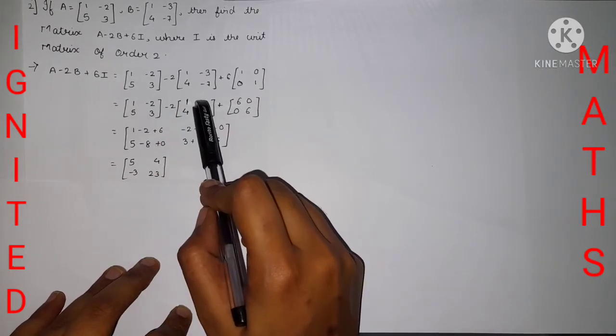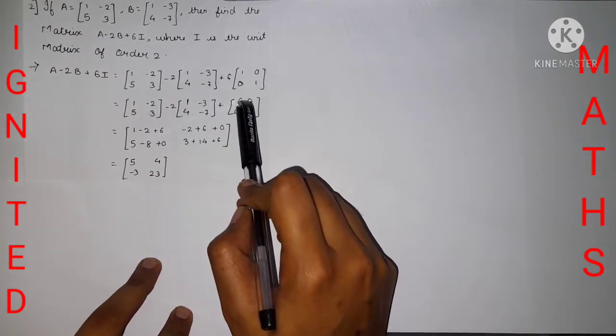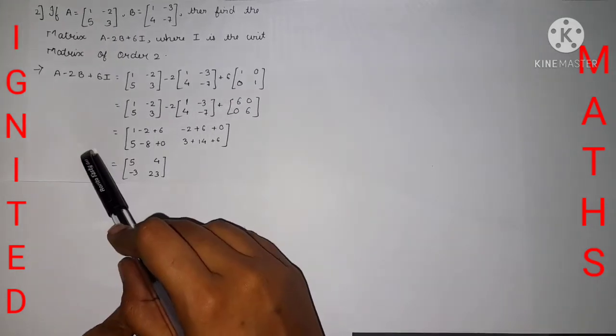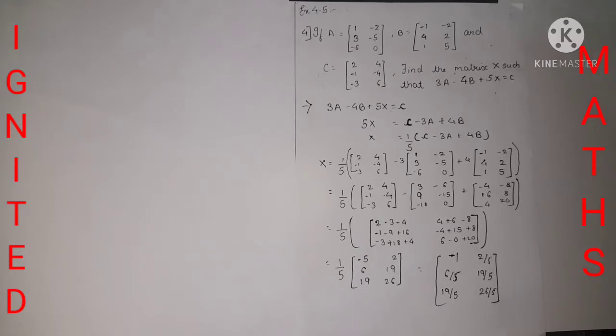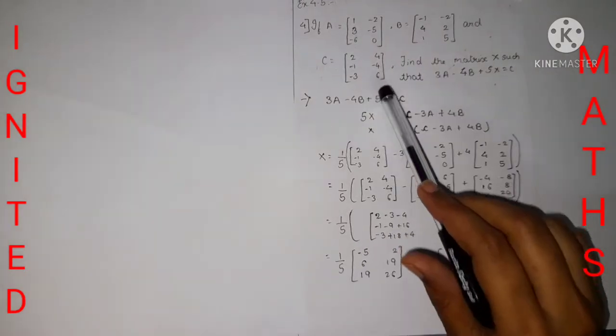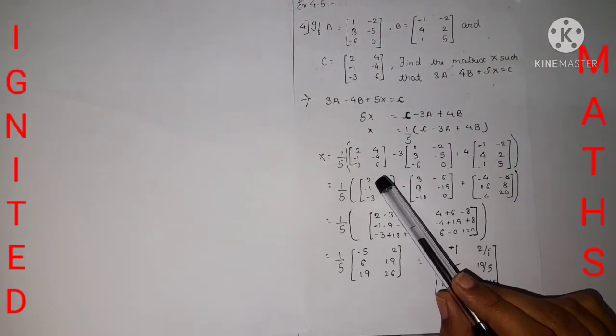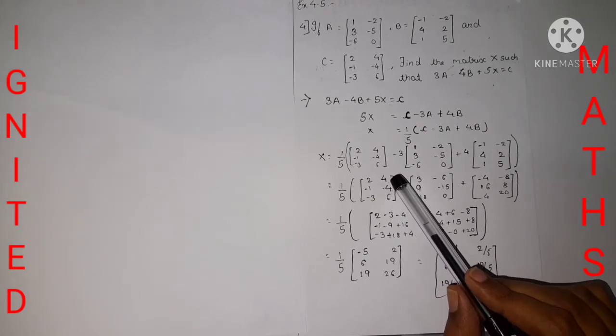First subtract, then do the addition of the matrices, and you will get the answer. The fourth sum of exercise 4.5 is based on matrix addition, subtraction and scalar multiplication of matrices.